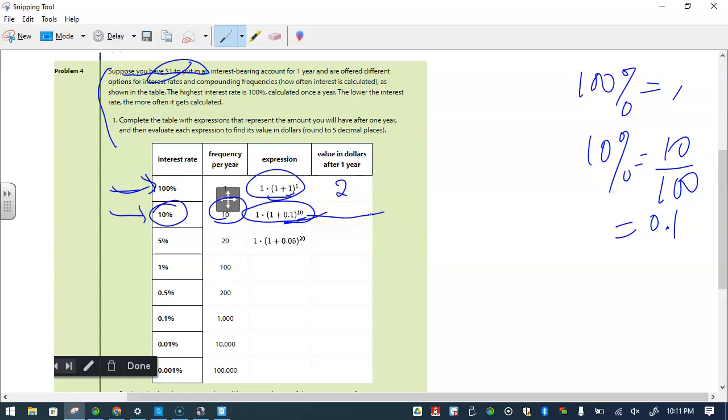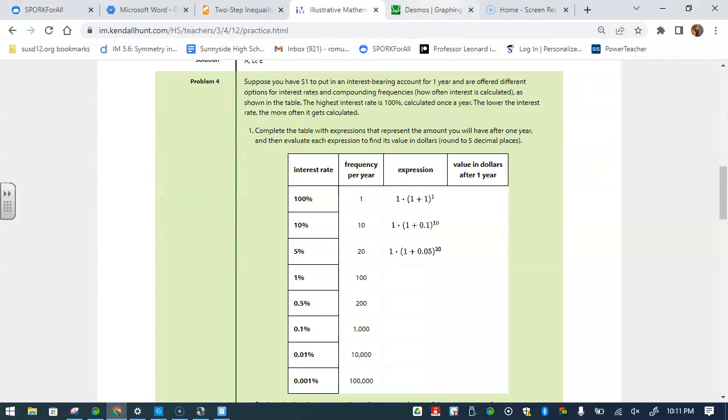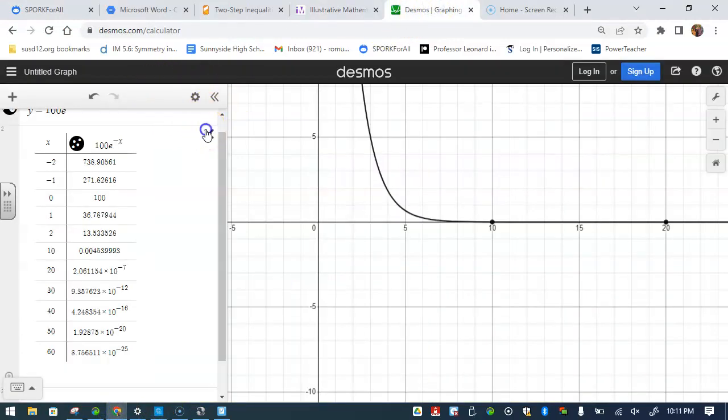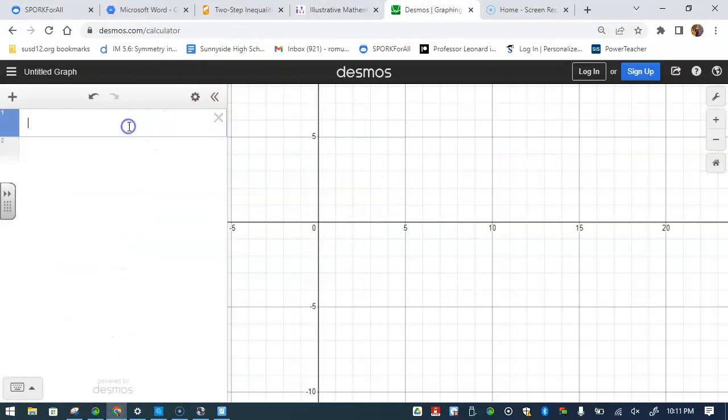Let's put 1 plus 0.1 on the calculator and see what happens. Okay, let me take this off. This time I'm going to put 1 plus 0.1 and go outside and put 10. You see? You get 2.59.